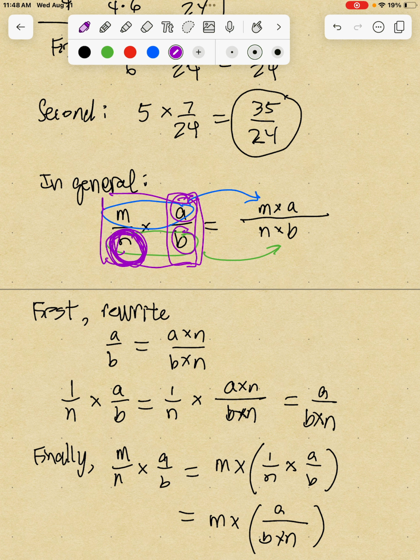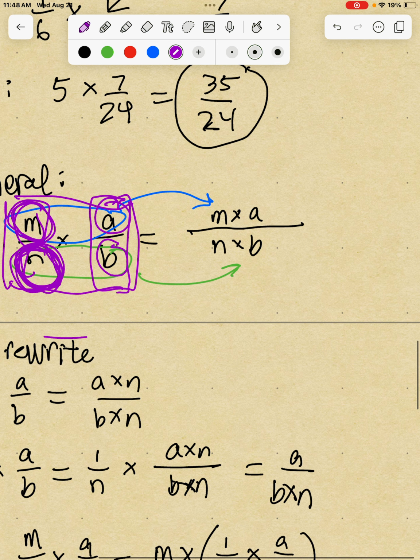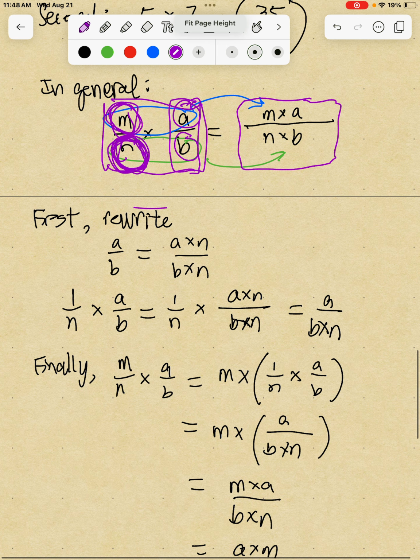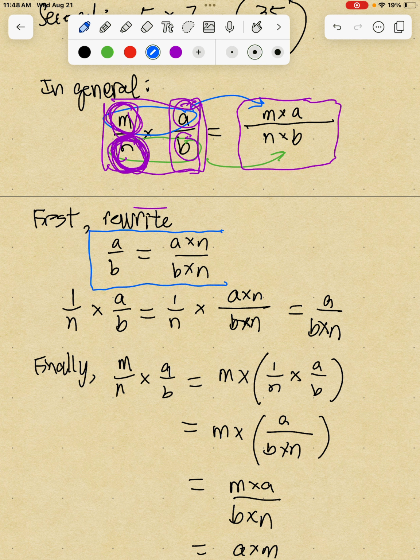And then you take m of those pieces and put them together and see how much you get. That's what this multiplication of fractions means. And then we figured out that it's equal to this by the reasoning that we did. And the key step was this fact that you can rewrite a fraction in multiple ways so that the numerator was a multiple of n.